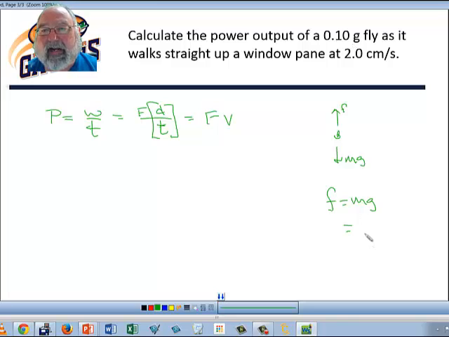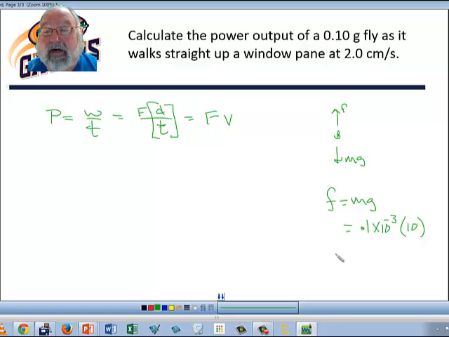So 0.1 gram, I have to divide that by 1,000. So 0.1 times 10 to the minus 3 times 10. I'm going to use 10 for g. And that gives us how much the fly weighs. And that's the force that the window is applying, moving the fly up the window.